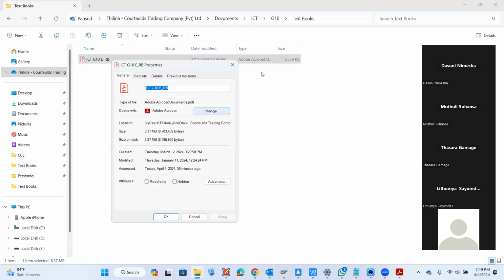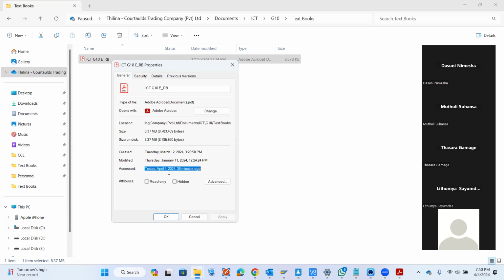If you want to change to some other software, you can change it from here. And the location where the file is saved, and the size of the file. It's in megabytes, and even bytes they have given. So megabyte, 8.37. And the created date, modified date, and accessed date.